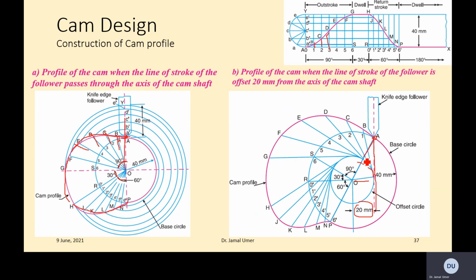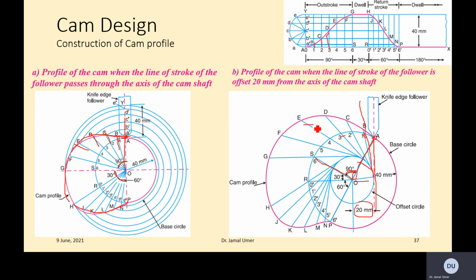From this point A, you mark this angle, say you have 60-degree, and you make the same divisions within this angle. From here to here is 90-degree, and you divide it into equal parts. So you say 1, 2, 3, 4, 5, and each line you extend so that it passes through this point and is tangent to the offset circle.